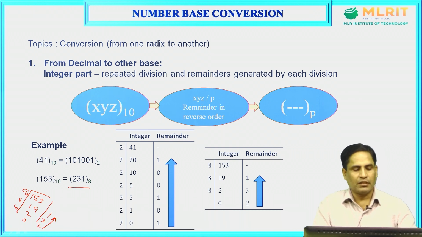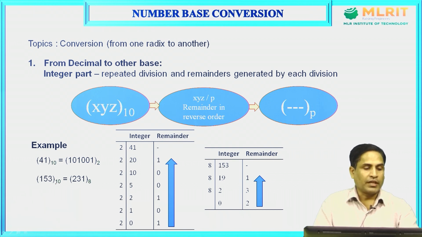You can easily verify the answer to check whether it is good or not. In the last conversion we learned that any number expanded on its given base converts into the decimal number system. So to check the correctness of the answer, I expand this number: 2 into 8 power 2 plus 3 into 8 power 1 plus 1 into 8 power 0.